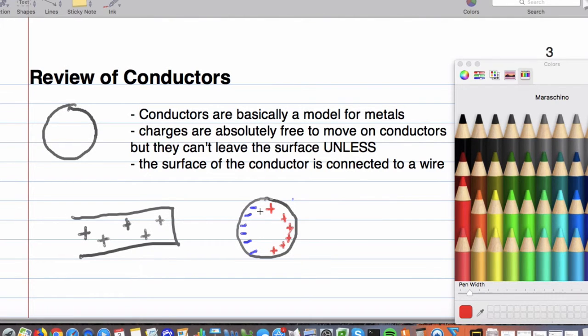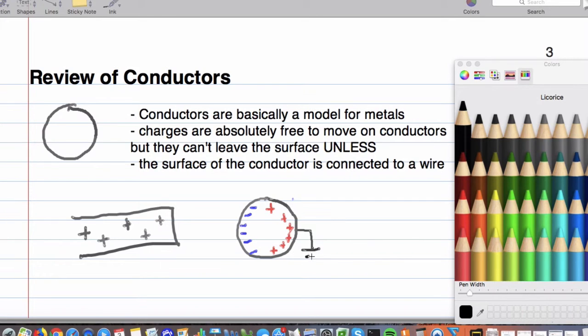So you have these negative charges trying to jump off the conductor onto this charged rod here, but again, they're trapped on the surface.